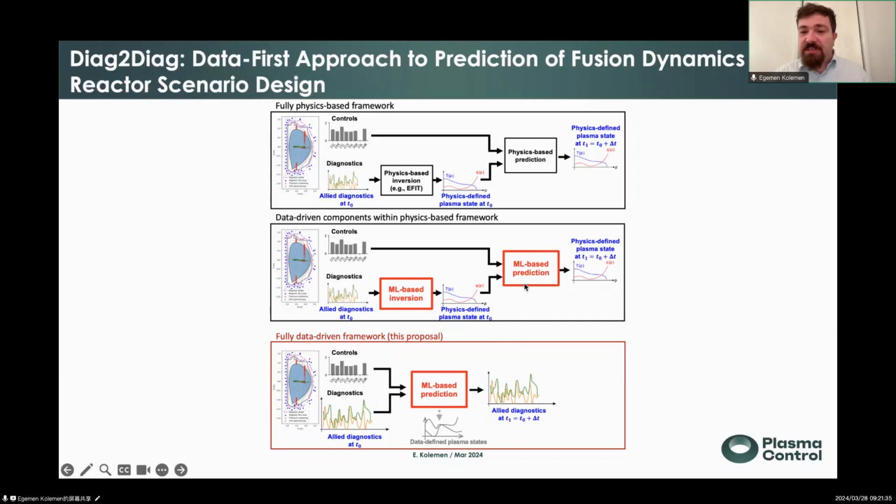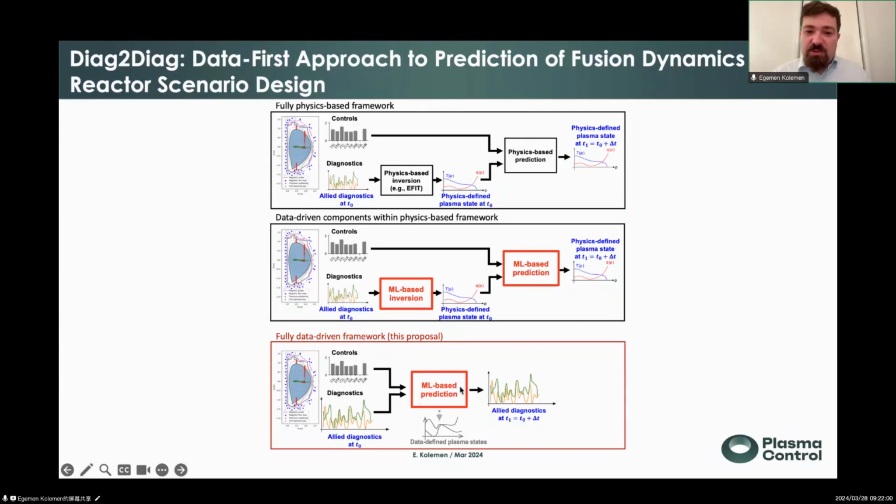Because all these physics things that we're looking at are made up by humans. It doesn't really exist in life. The only thing that's real is data, right? Diagnostics. So we said, okay, let's just throw out all the physics and let's predict the plasma state to be the diagnostics. If you can predict what the diagnostics are going to be, then you know what the plasma is anyway.